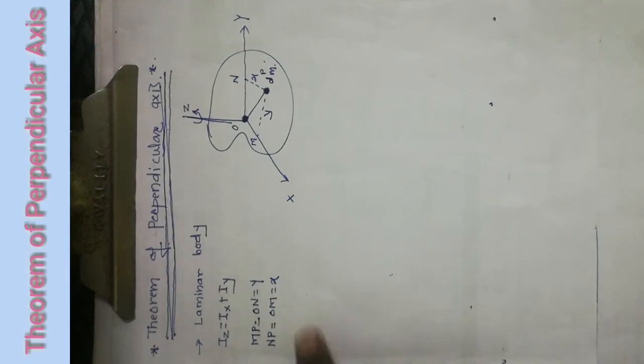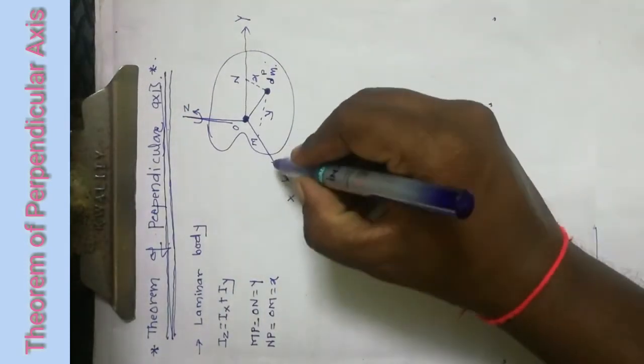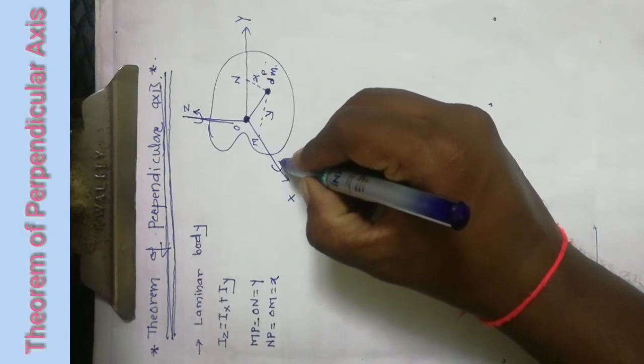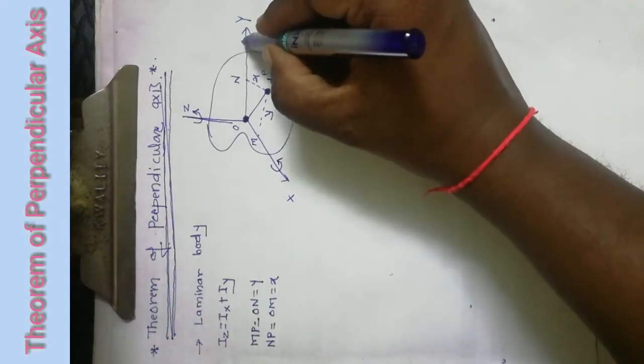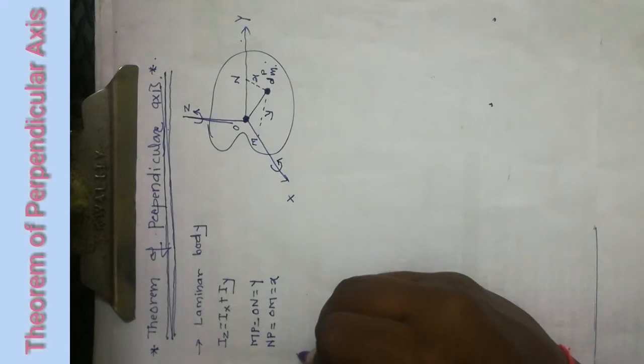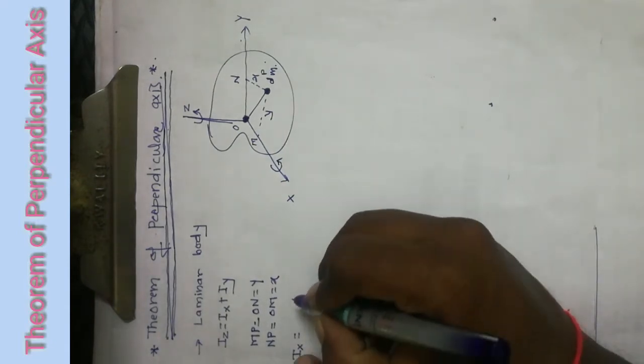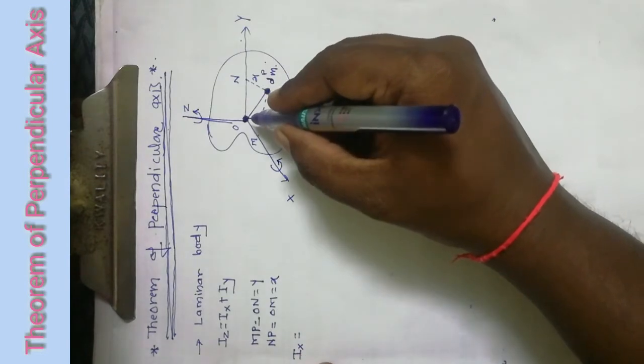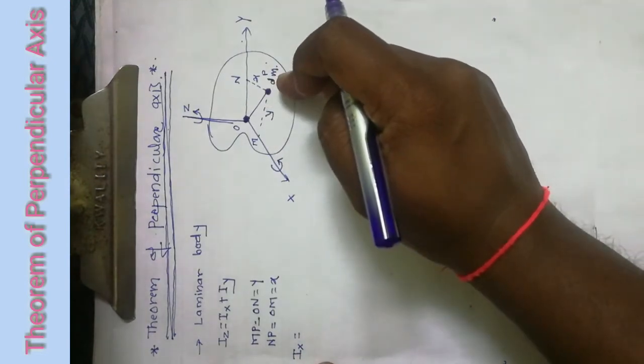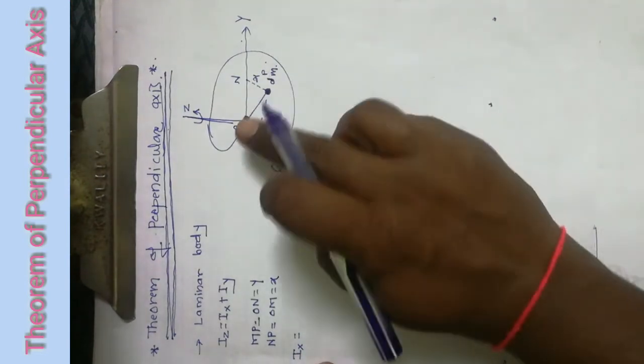So first we will find the moment of inertia about the x-axis. Now the moment of inertia about the x-axis is equal to, we have the relation, the moment of inertia is the product of mass into the square of its distance. What is the mass?